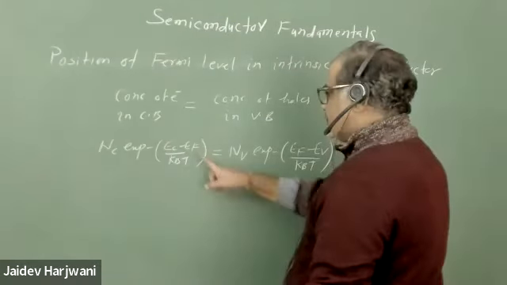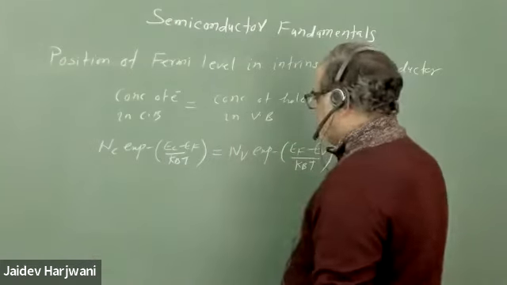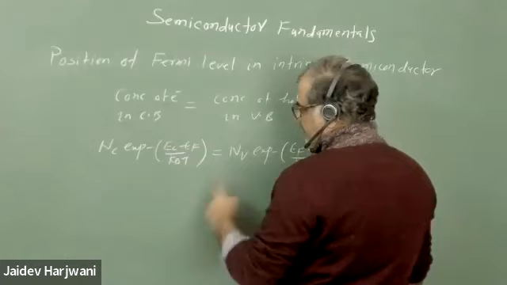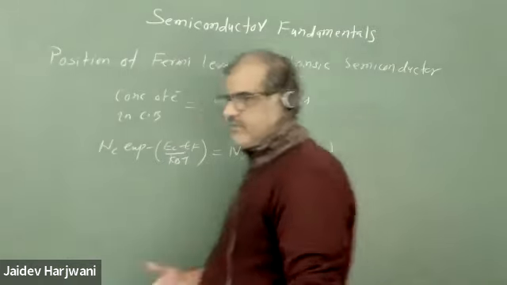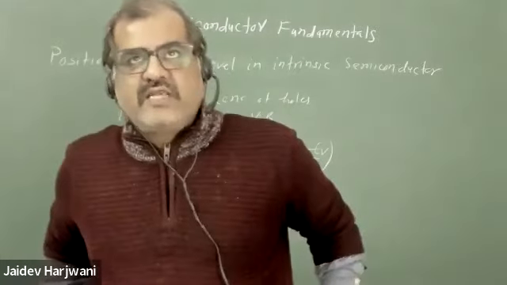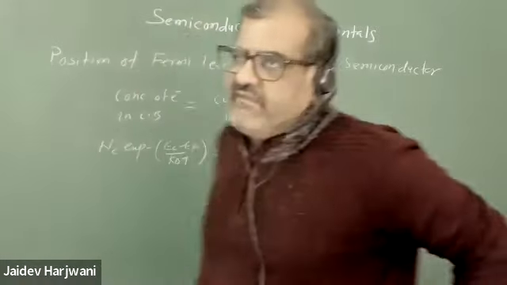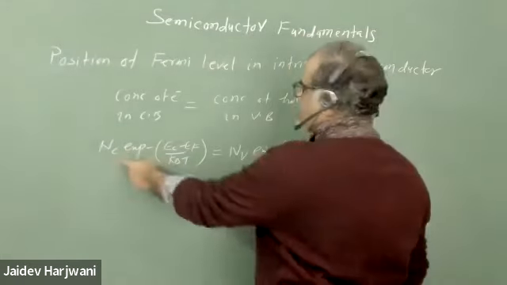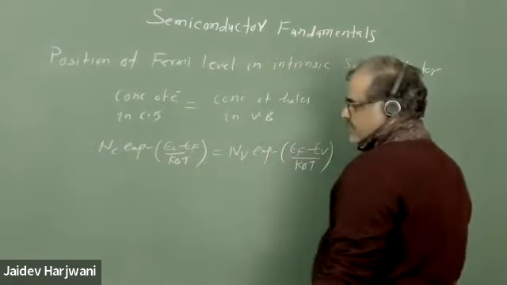So I want the position of the Fermi level. What I can do is calculate NV by NC, because NV is the number of states in the valence band and NC is the number of states in the conduction band. Generally NV is higher than NC, so in order to get a positive log I am taking NV by NC.